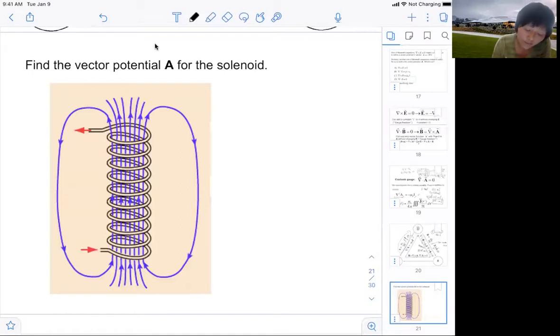So we already know B is constant inside. You don't have to know the exact form, but you know that it's constant inside and it's 0 outside. And you need to take the curl of the quantity you're trying to solve for, and that should give you the B result.